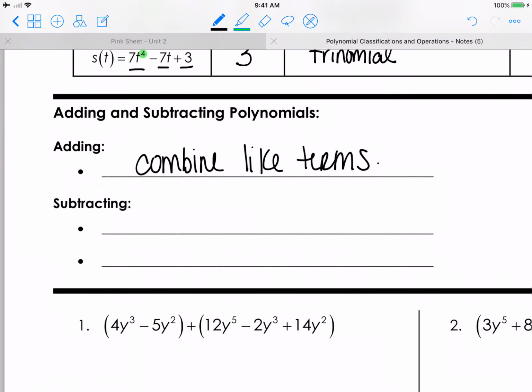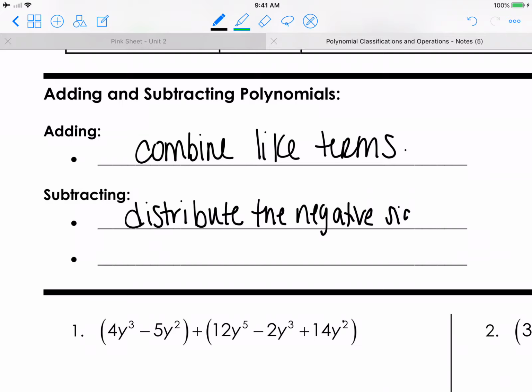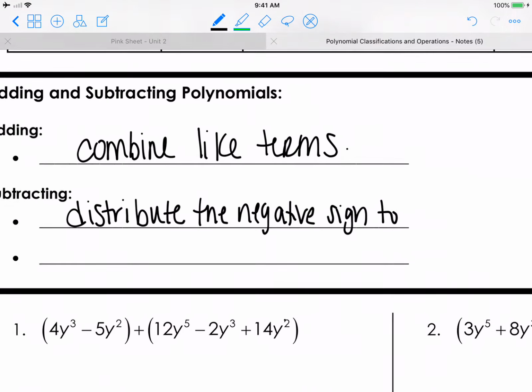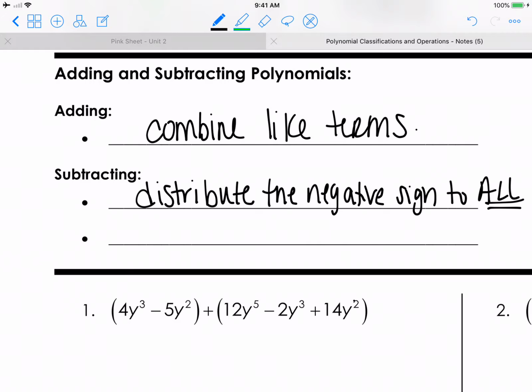Subtracting, remember we need to distribute the negative sign to all of the terms. Sometimes we forget to give that negative sign to every single one of them. And then we combine like terms.